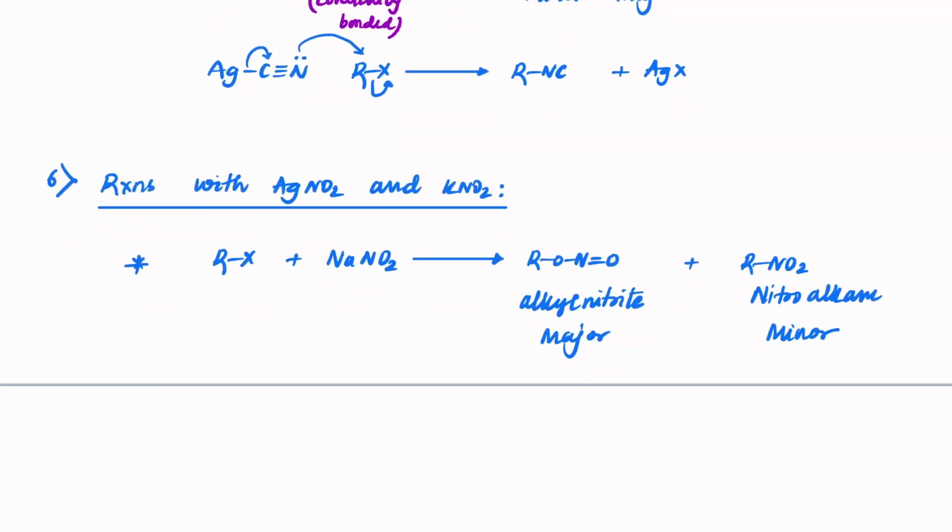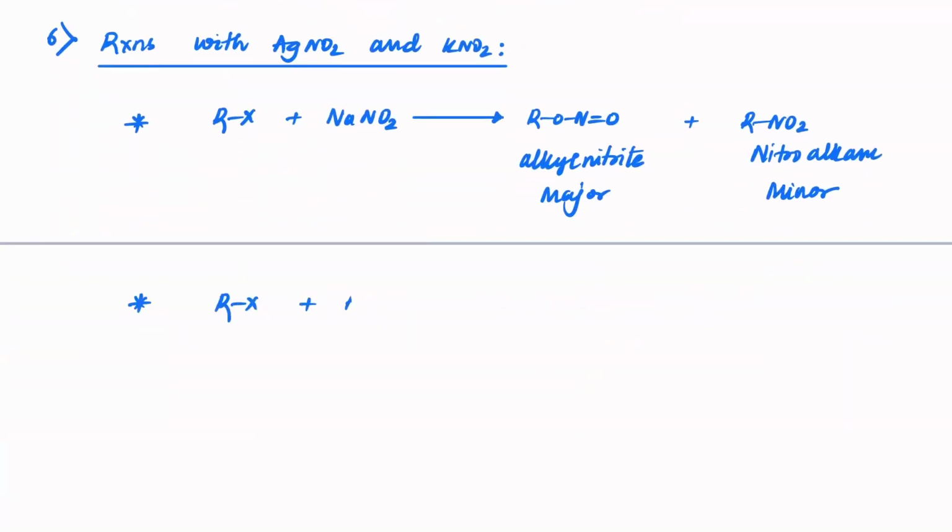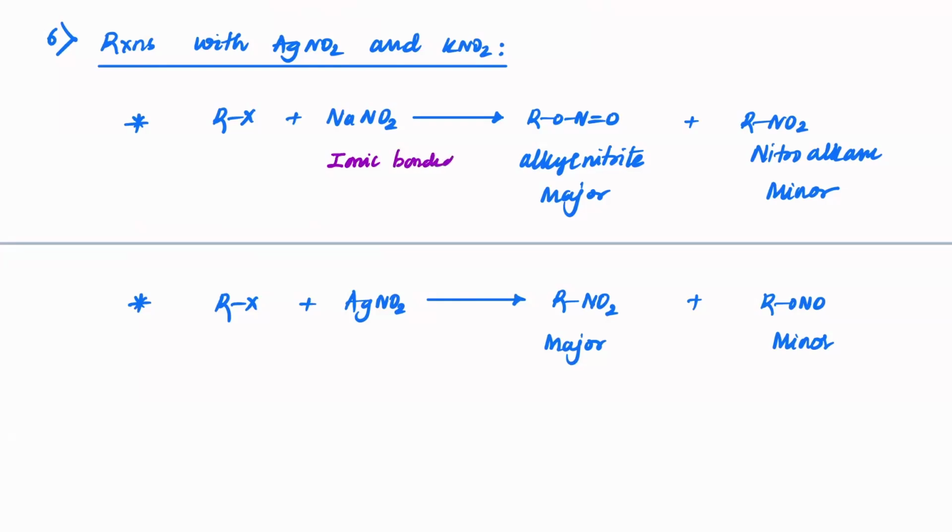Similarly, if you notice alkyl halide plus AgNO2, you can see RNO2 plus RONO. Here the nitroalkane is major and the nitrite is minor. Why? Same logic. Here also this is ionically bonded, so basically it is Na plus and O minus connected with N double bond O like this.